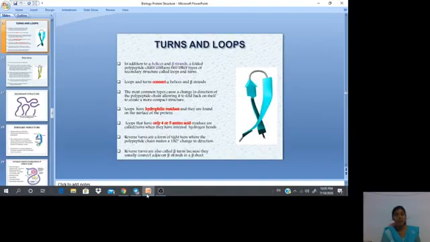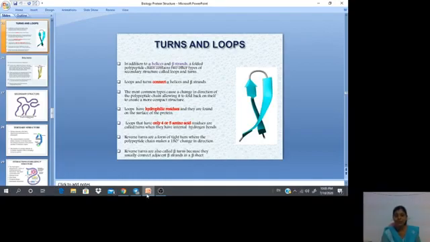There are many turns and loops also present in these structures. Loops and turns connect alpha helices or beta strands. The most common type causes a change in direction of the polypeptide chain, allowing it to fold back on itself or create a more compact structure.